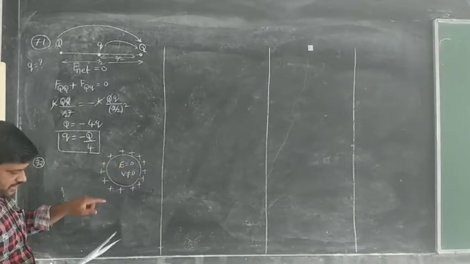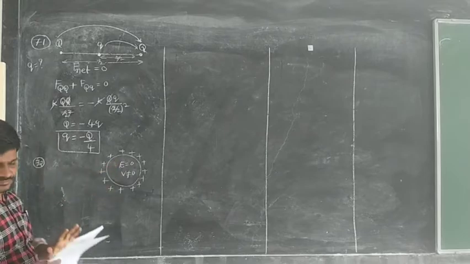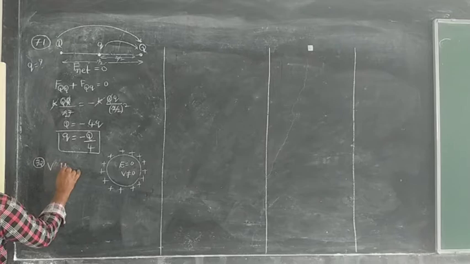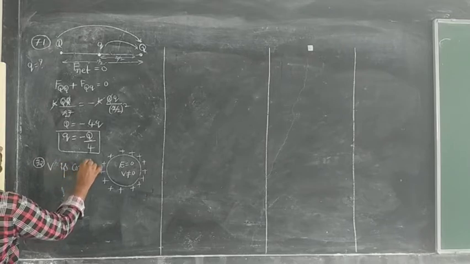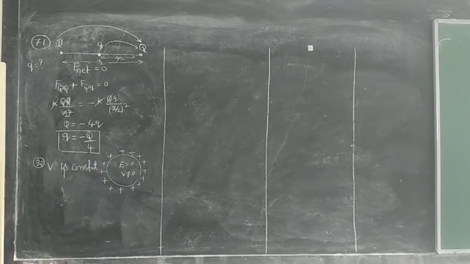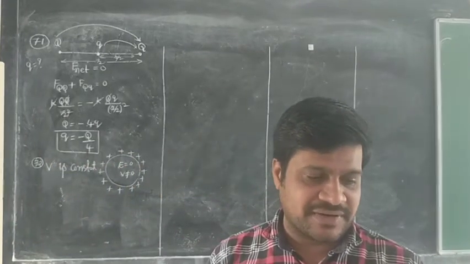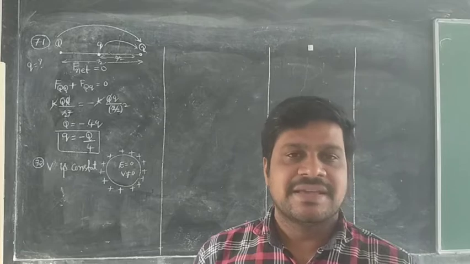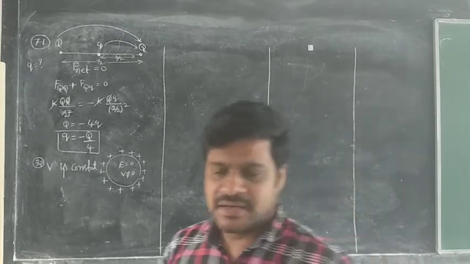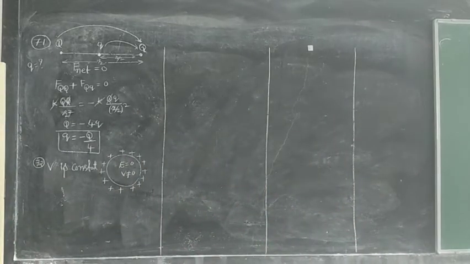Wherever the position may be, the electric potential is constant inside a charged spherical conductor. Which option is correct for this one? Option A, constant, is correct.